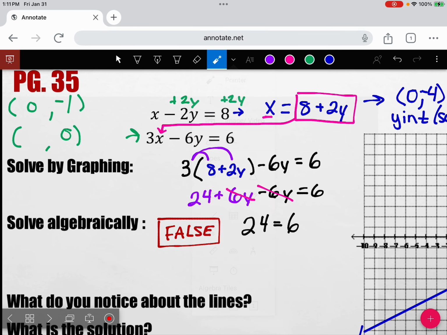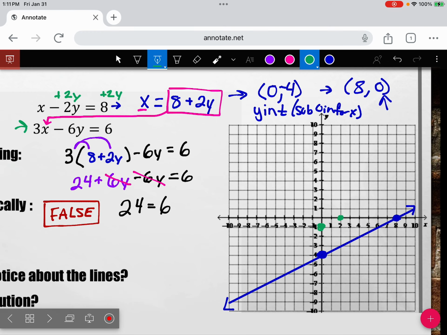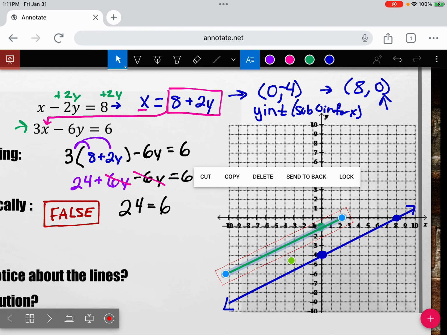If I substitute in 0 for the y here, we'd have our 6 times 0, that's 0. We get 3x minus 0 is 6, which is the same thing as 3x equals 6. So my x would need to be 2. Okay, so it's not a way that we have graphed a ton since Algebra 1, but it is a valid way of graphing.